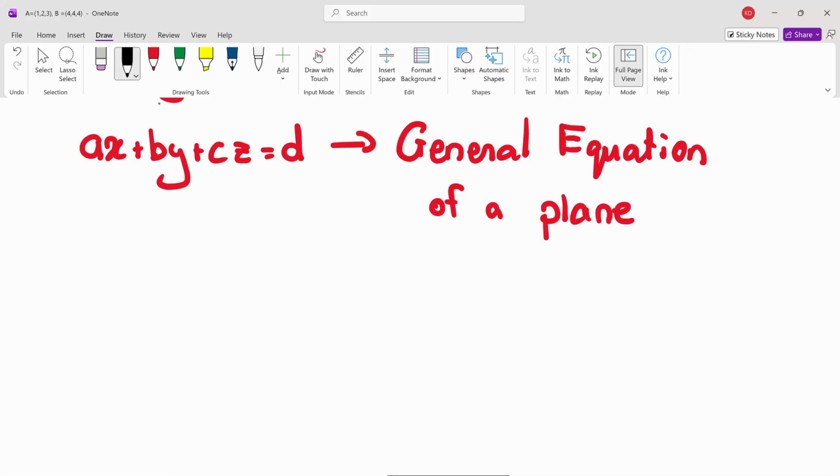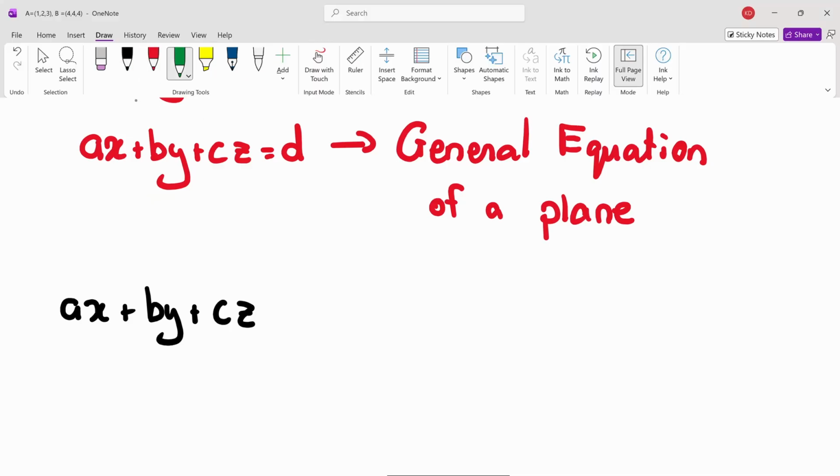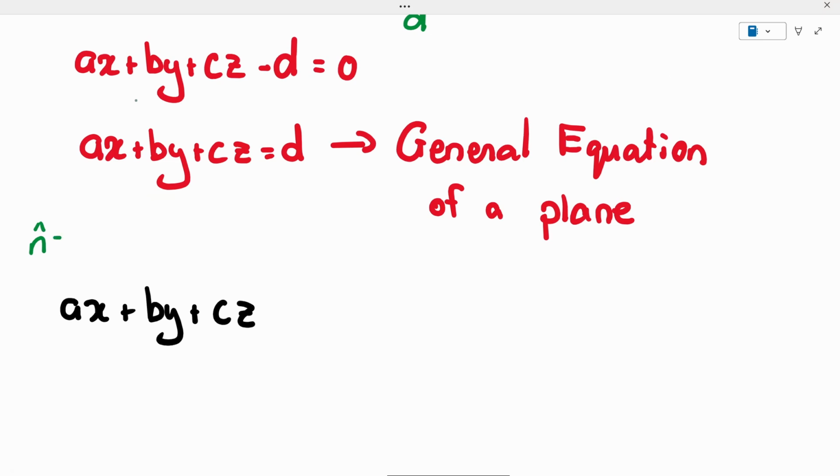Let's look at ax plus by plus cz. Remember, a, b, c is a normal perpendicular to the plane, and x, y, z is the general point on the plane, right?